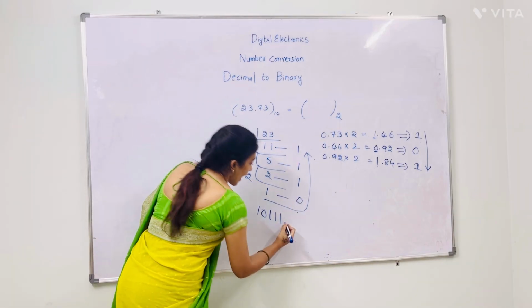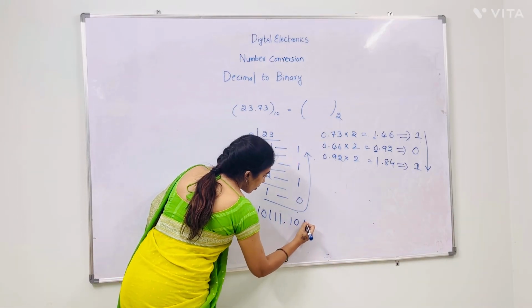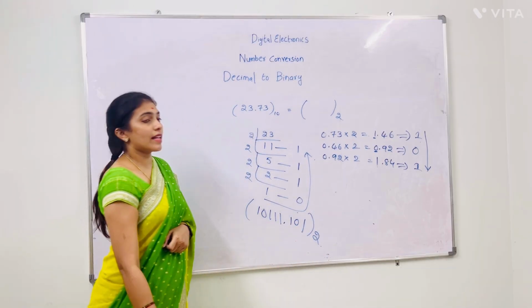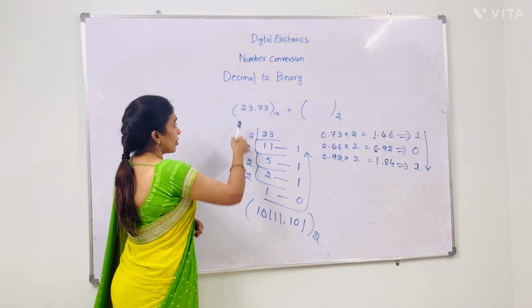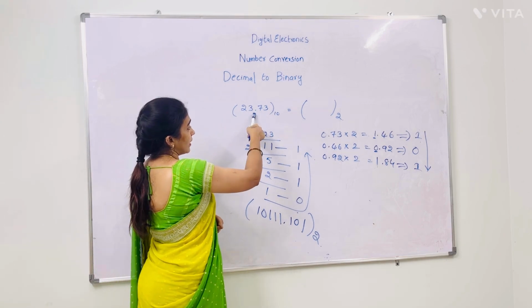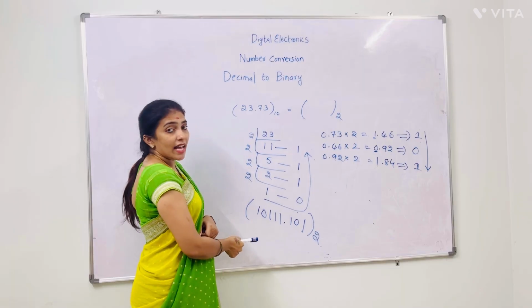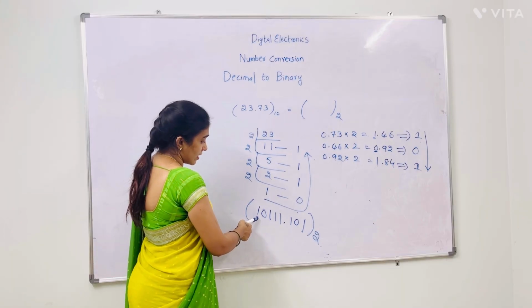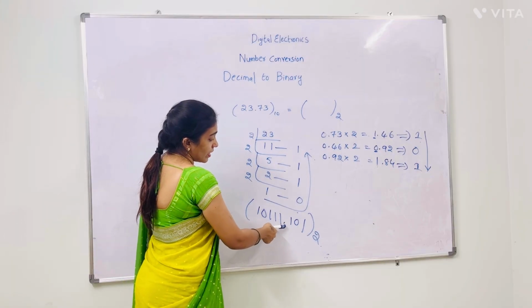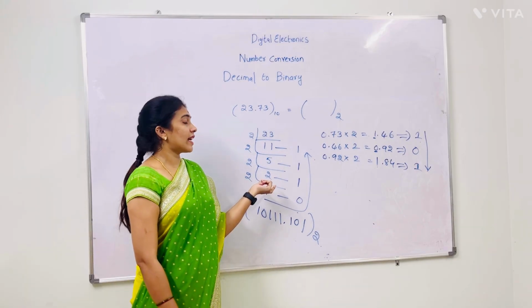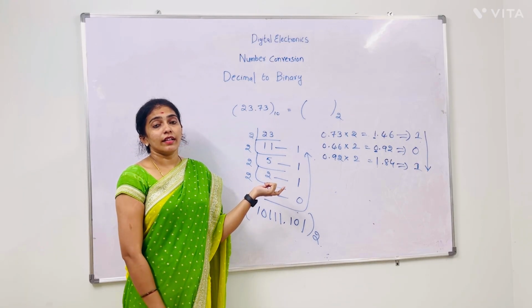So the answer is 101. So 23.73 decimal is converted to its binary equivalent, and the answer is 10111.101 base 2. This is the total explanation of number systems.